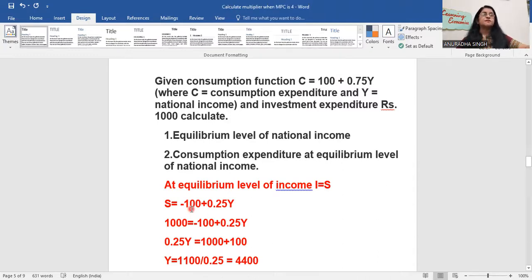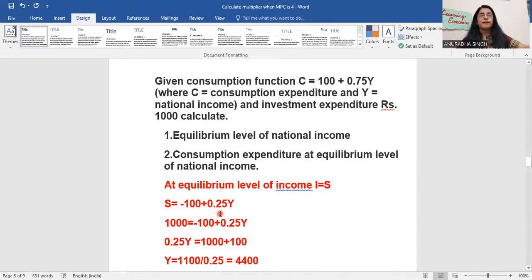Why? Because no income is there, still we are consuming. That means when we do not have any income and we are consuming, we are borrowing. That is negative saving. That is why we have taken minus 100. Here we have 0.75, but there we have taken 0.25.